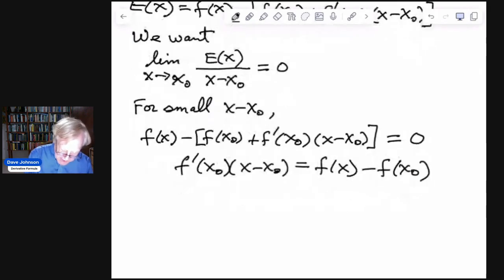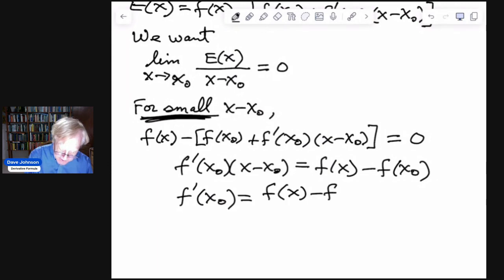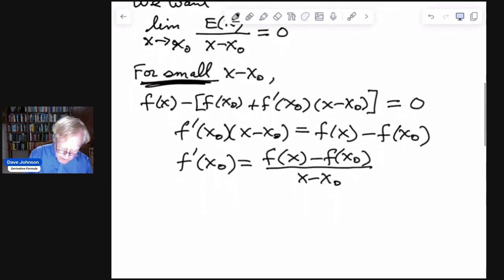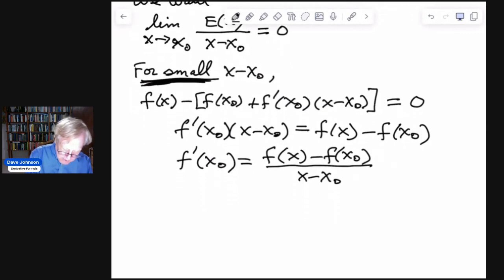And then the next step is let's divide through by x minus x naught. And again, this is only going to be true for small x minus x naught. So f prime of x naught is now equal to f of x minus f of x naught divided by x minus x naught. But this, again, is true only for sufficiently small x minus x naught.